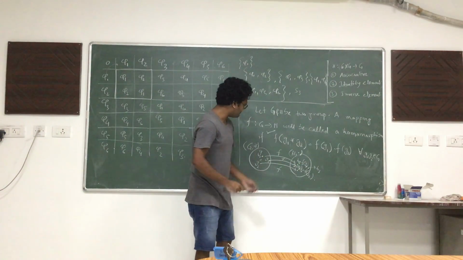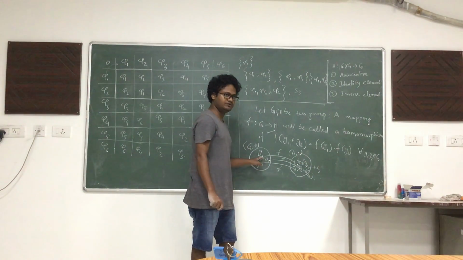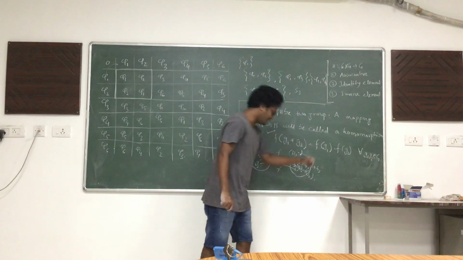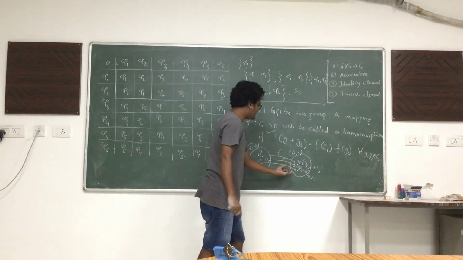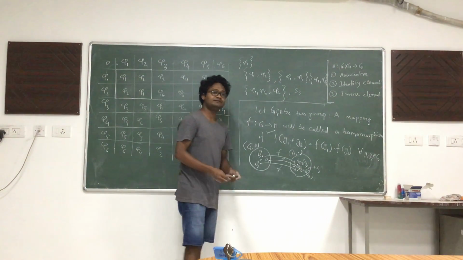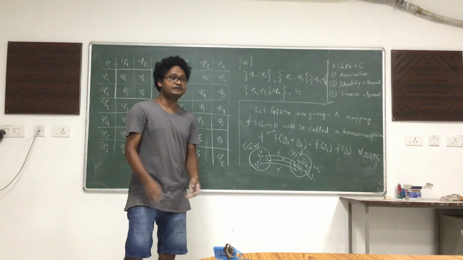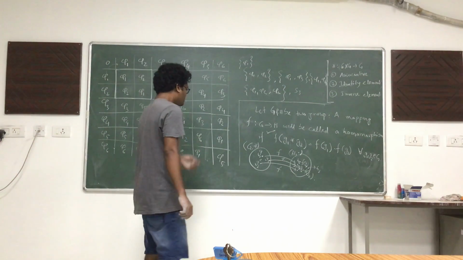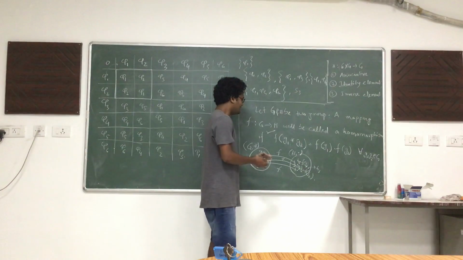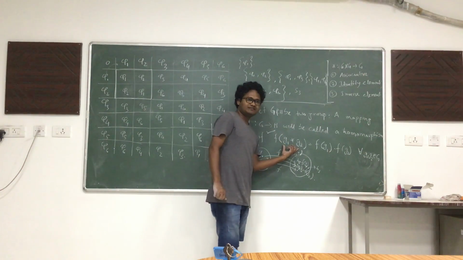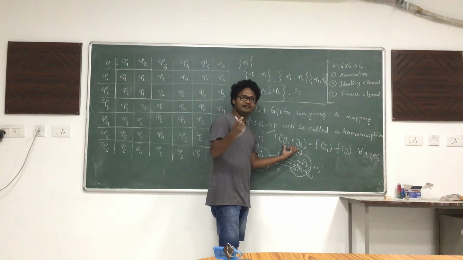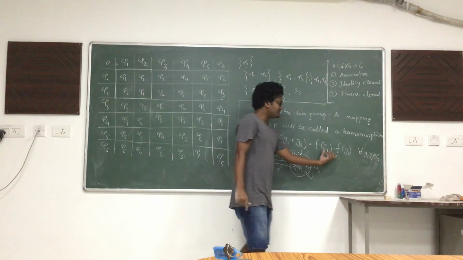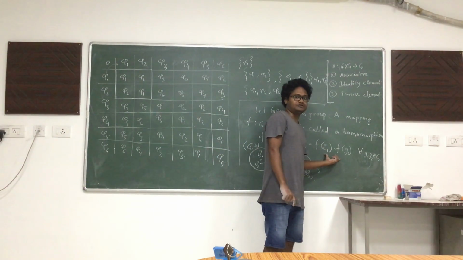If they are the same for any g1, g2, then it's a homomorphism. So what this essentially says is that whatever structure the group G has is preserved in H also.